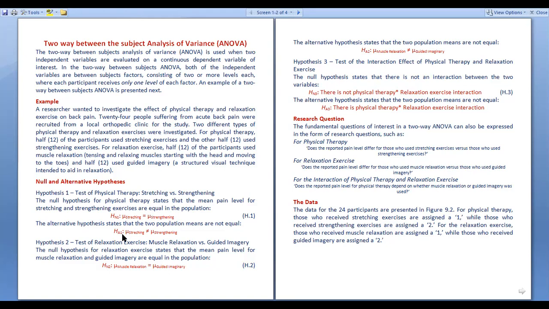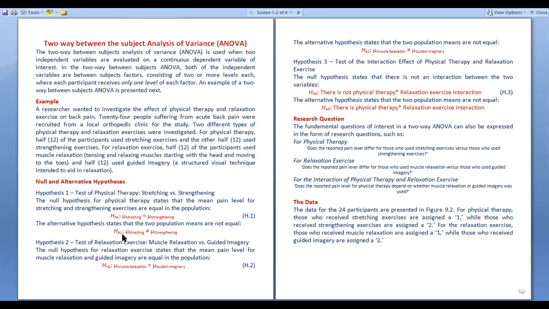Similarly, we are going to phrase hypothesis 2 for the second independent variable, and that is talking about the relaxation exercise. If you look at the example again, we have two types of relaxation exercise.